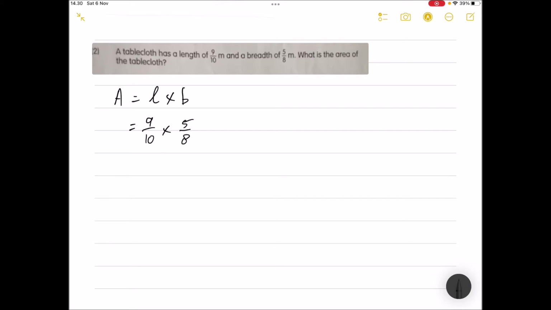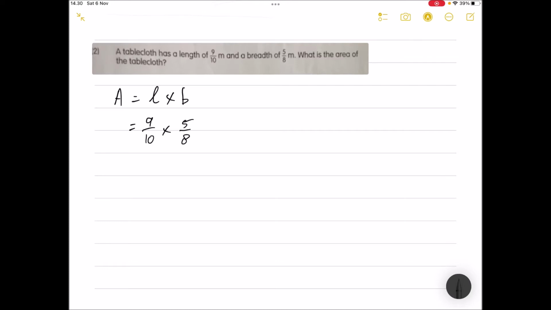Okay, there are 2 steps when you are multiplying fractions. As we have learned, one is canceling each other out, the other is multiplying numerator with numerator and multiplying all the denominators together as well. So in this situation, we will try to find a number we can use to cancel each other out.